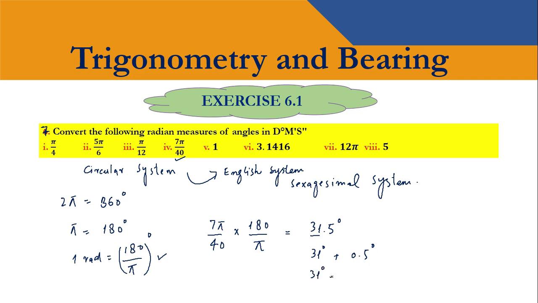So 31 degrees plus 0.5 multiplied by 60 to convert this into minutes: 31 degrees and 30 minutes. Because there is no fractional part, it means the seconds are 0, so there are no seconds in this. So this angle 7 pi by 40 is equal to 31 degrees, 30 minutes and 0 seconds.